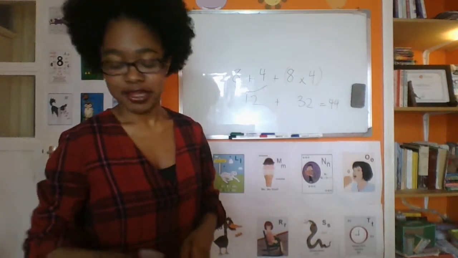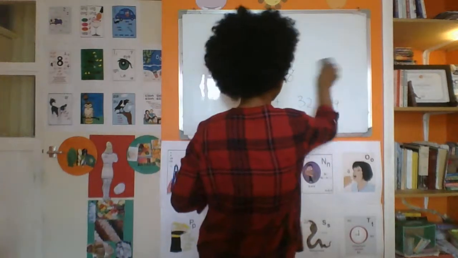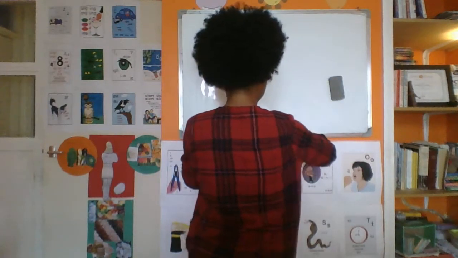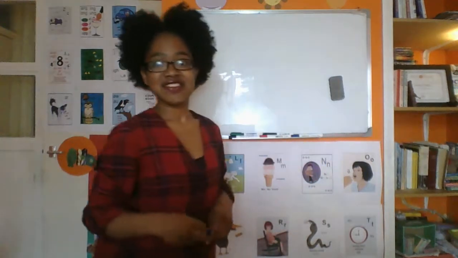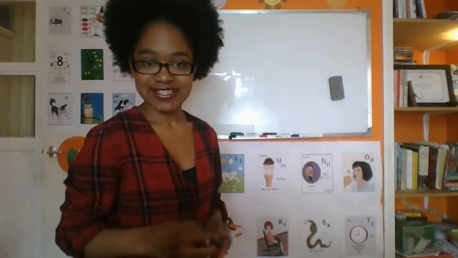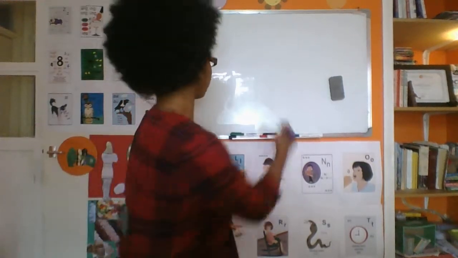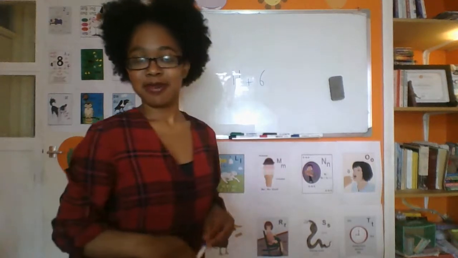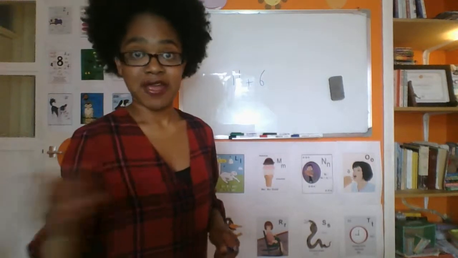Let's do another one, shall we? So let's say you have 11 plus 6, okay? You have 11 plus 6 plus 2 times 5.